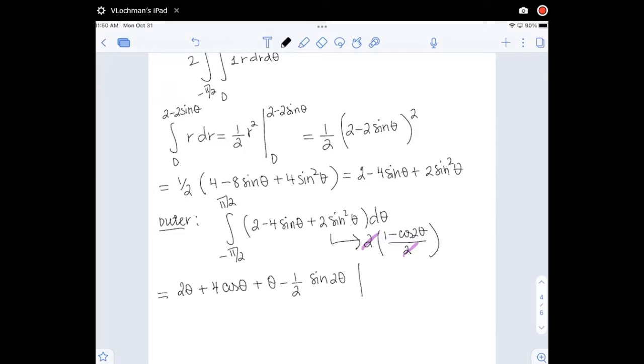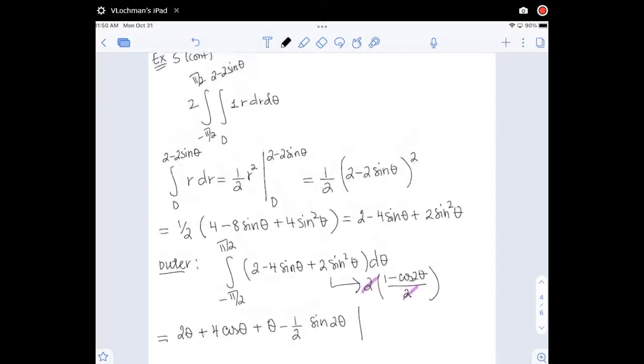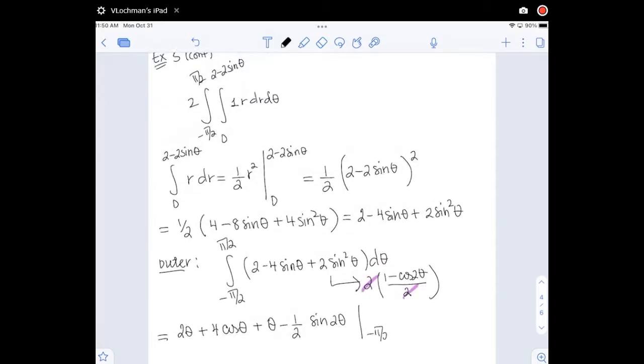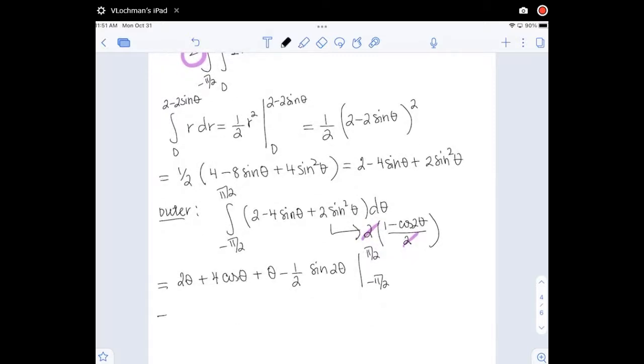And then if we evaluate this, what are the limits? Our limits are between negative pi over 2 and pi over 2. And I also need to remember that I'll have to double at the end. All right, so what do we get here? This is 3 theta, so that's 3 times pi over 2 plus 4 cosine of pi over 2.